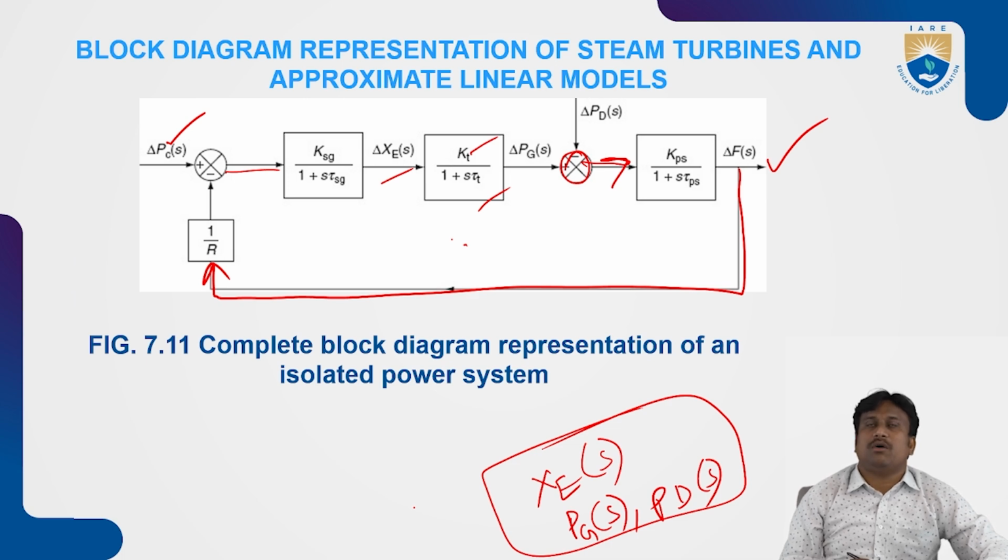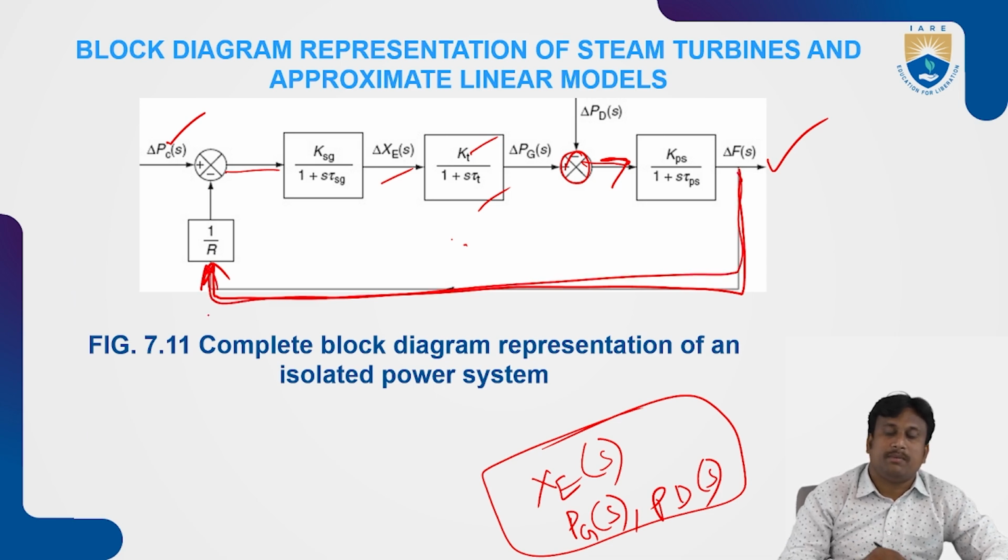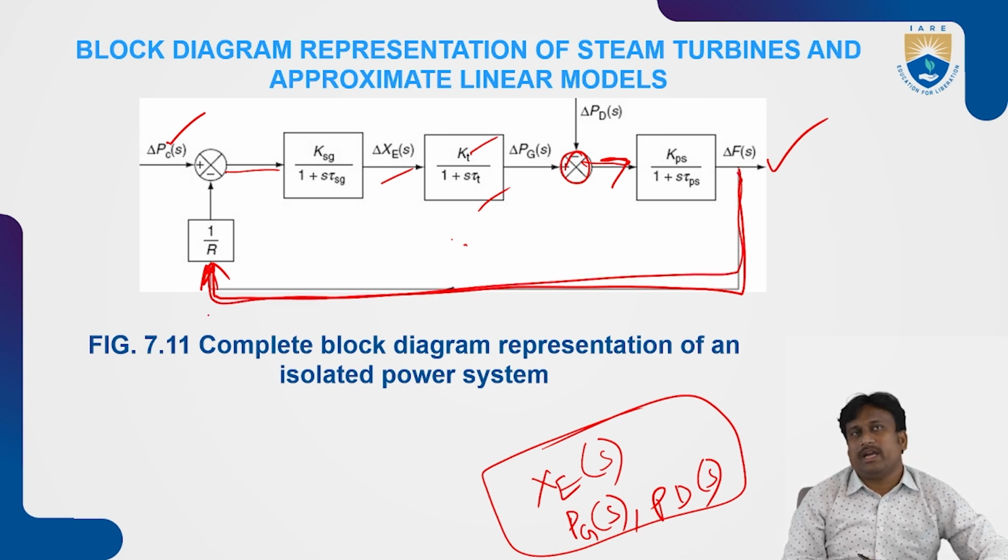That means the whole parameter as a function of frequency, delta F of S, is connected to the return path of 1 by R. So this again lets us simulate the network for a given input for various ranges of the output. These frequent operations take place for the entire power system network within the specified time period limit. So this makes the system stable and ready to operate for various conditions.